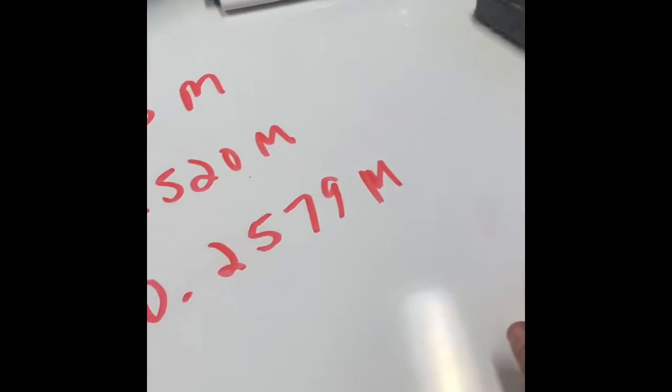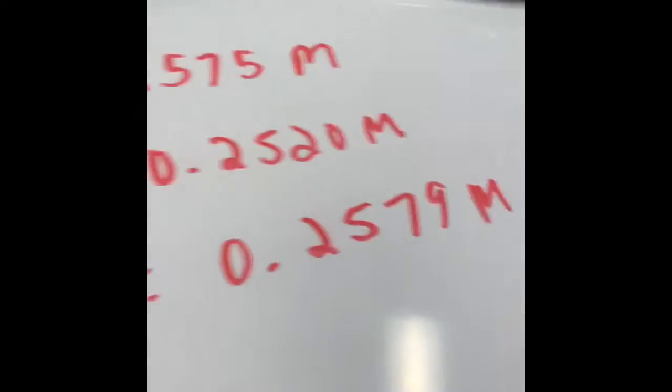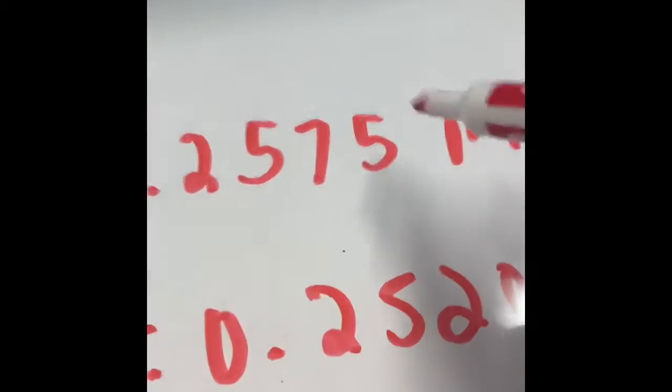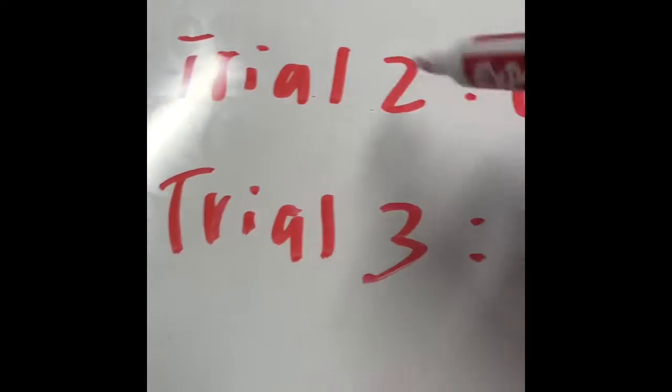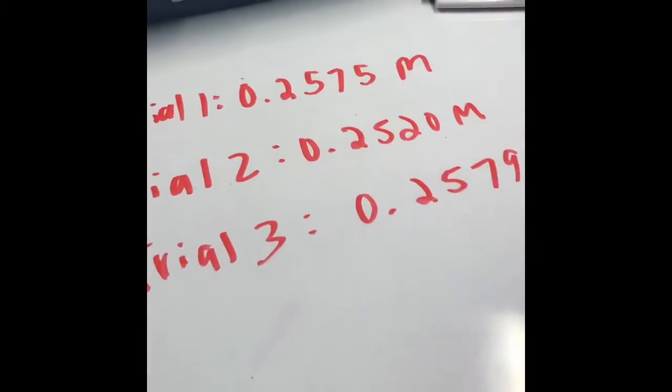The average citric acid concentration from our 3 titration trials. So like we did in the last problem, we did the stoichiometry, and that's how we got this number for trial 1. So I actually did the same thing for trial 2 and 3. I just didn't do the math on camera. But I'm going to show you just how we get the average molarity of them.